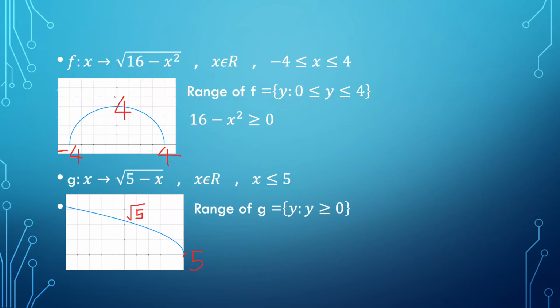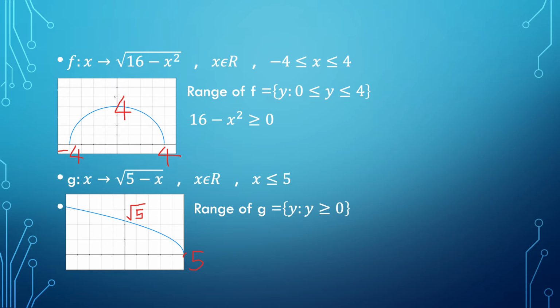In the previous solution, we have to find the range of the function f and the function g. As we know, for the square root function to be defined, the expression inside the radical sign should be greater than or equal to 0.